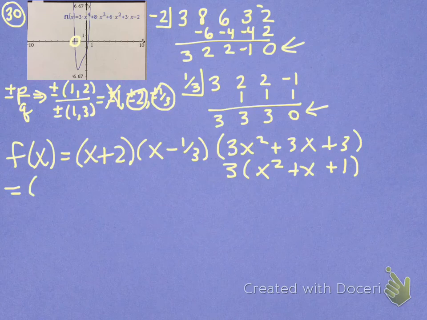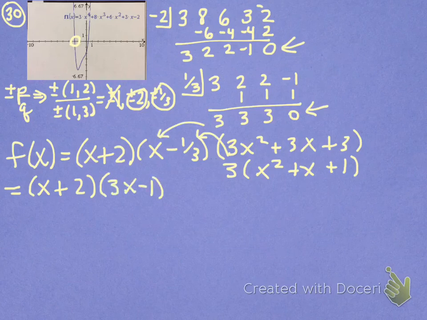So I've got so far x plus 2, and now I'm going to distribute this 3 back over here because that'll take care of this 1/3, and now we've got 3x minus 1. And then we've got to figure out our factors for x squared plus x plus 1. So we have a little more work to do there.